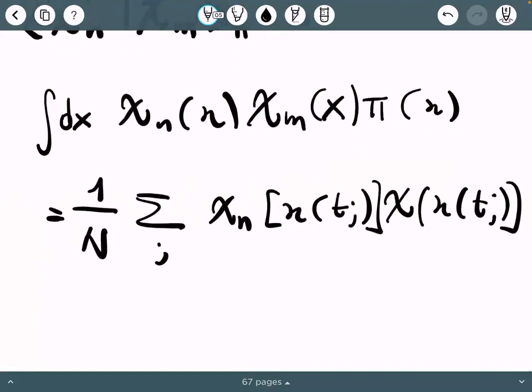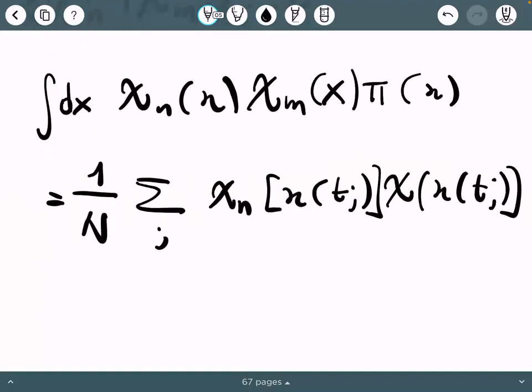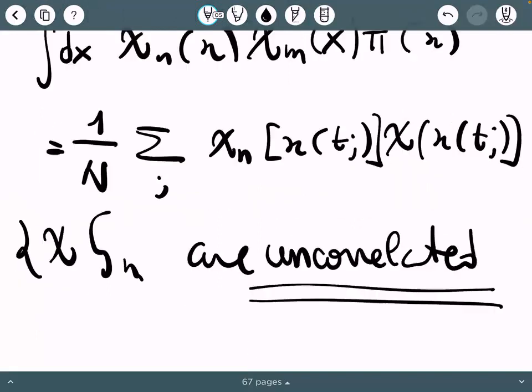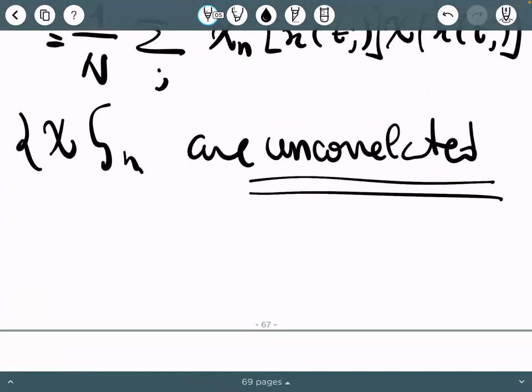And basically, this assumption means I am able to find n functions that are completely uncorrelated. So clearly, I've stated what I would like to have, but it is not simple to find uncorrelated functions.